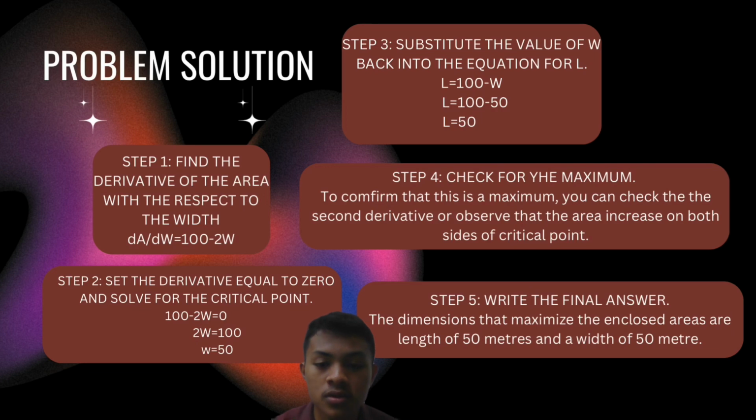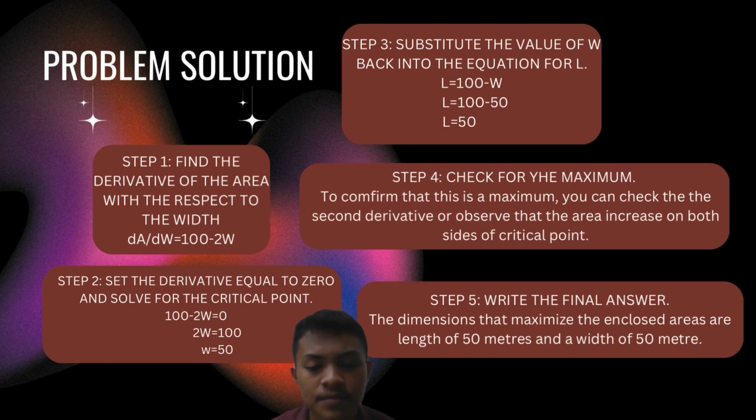We got here L equal to 100 minus W. So we replace the W value that we got at the second step in the equation L equal to 100 minus W. So we replace the W equal to 50. So we got L equal to 100 minus 50. And here we got L equal to 50.